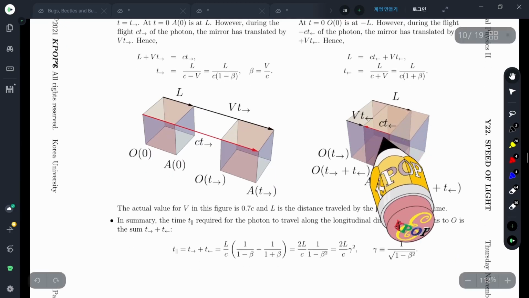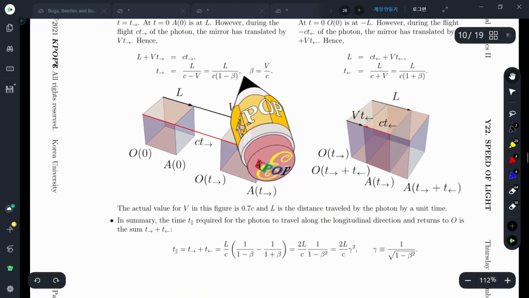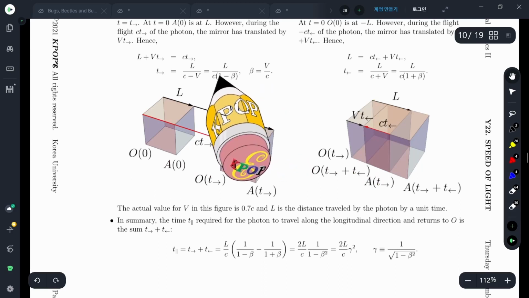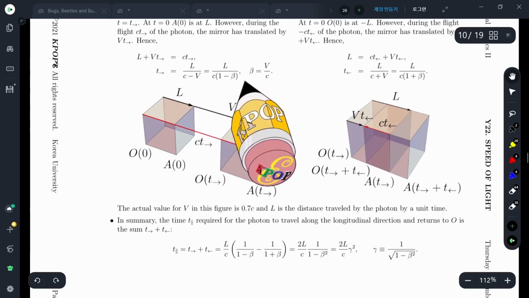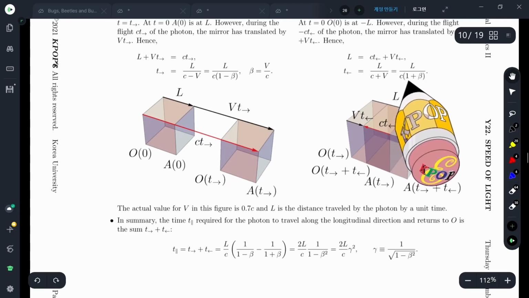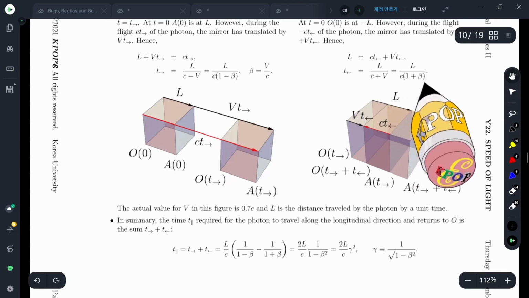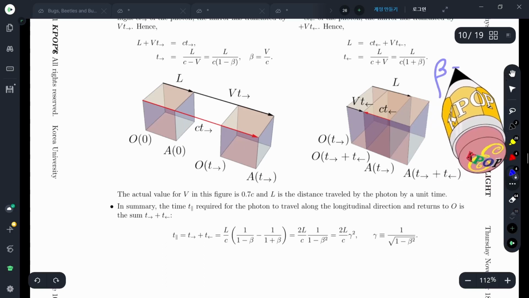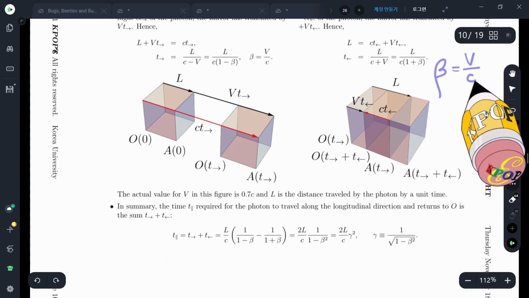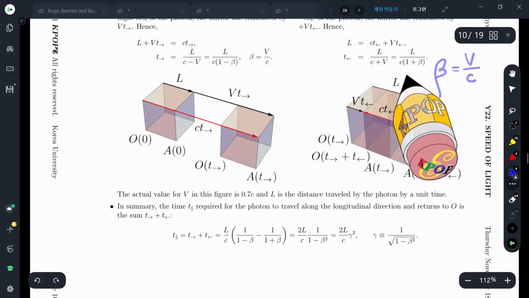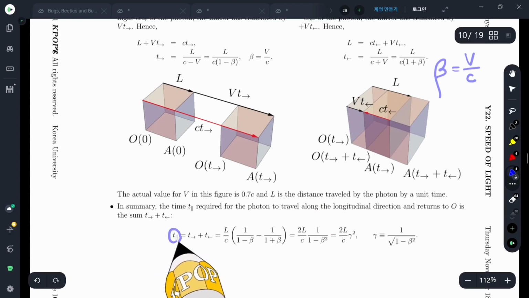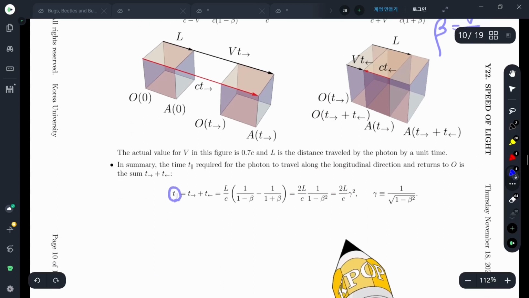As a result, we can compute the time for the forward and backward directions, that is L over c divided by 1 minus beta, and L over c divided by 1 plus beta. Here beta is v over c.